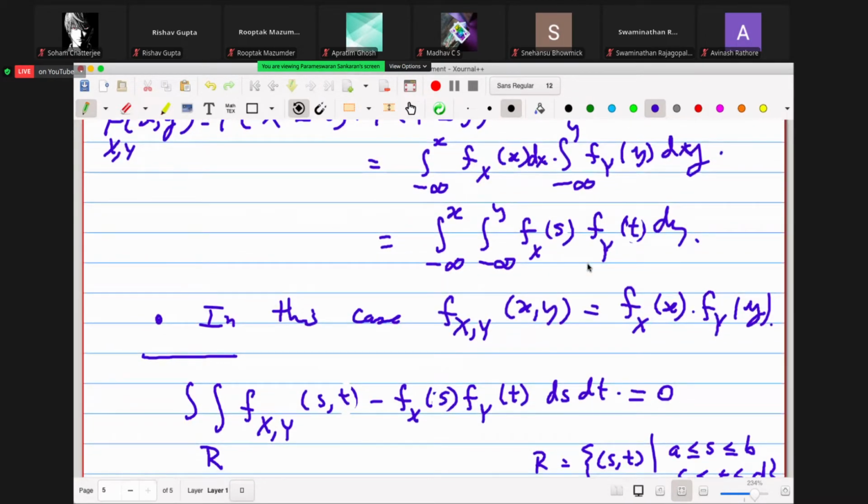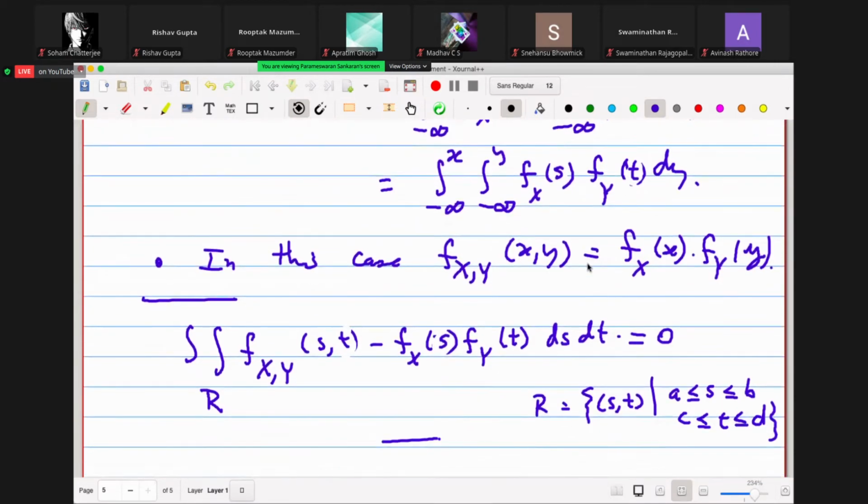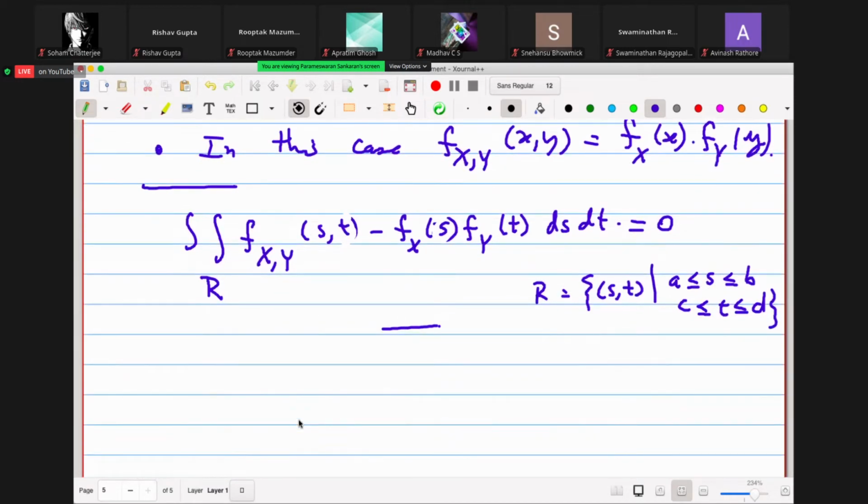And the difference being 0 for any x and any y says that the difference is 0 when you integrate it on a rectangle of this form, like a to b, c to d. This is 0 for any value of a, b and any value of c, d. So my whole concentration is only in a small rectangle like this.